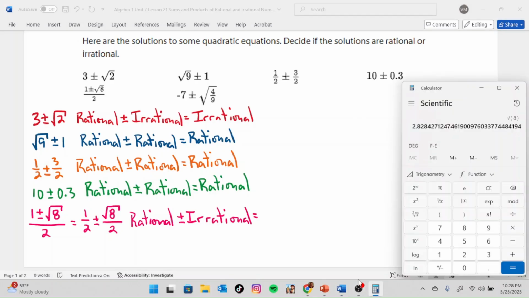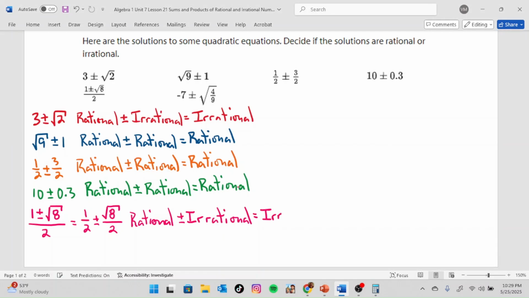And if we tried to put that in a calculator, if we say 1 plus the square root of 8 divided by 2, we can see that we get a never-ending, never-repeating decimal, so that is an irrational answer.